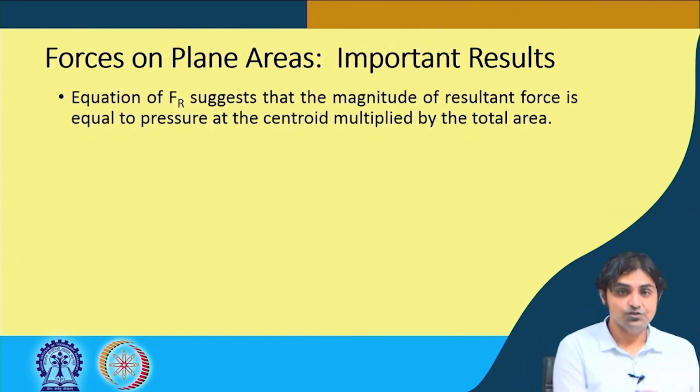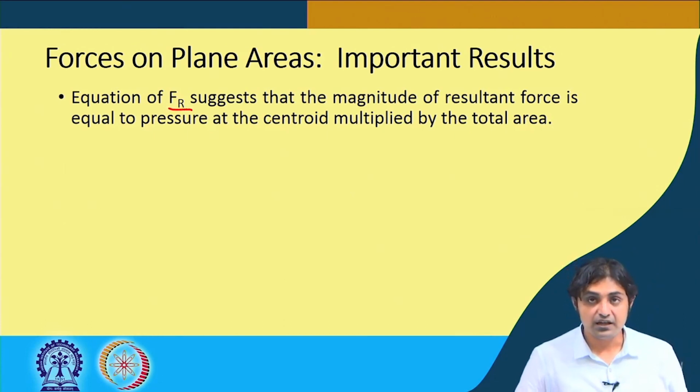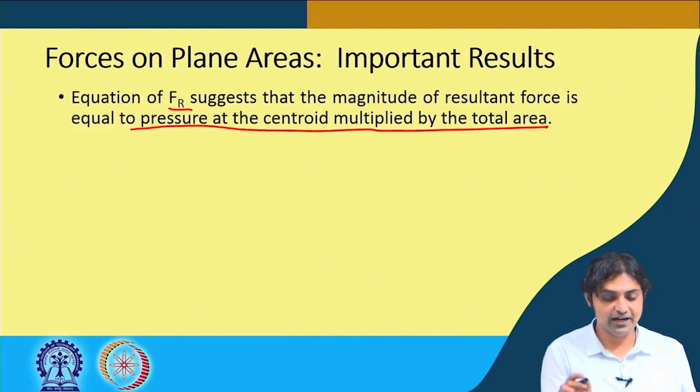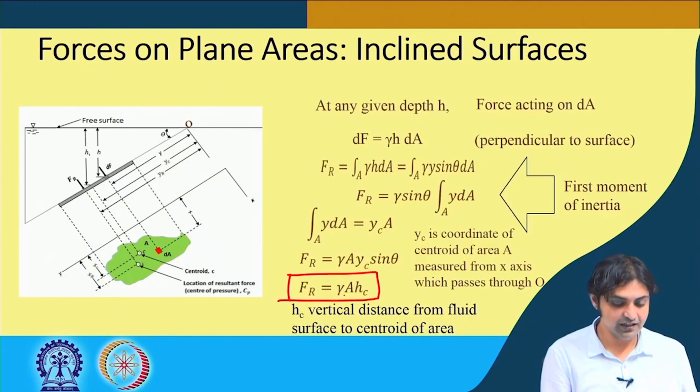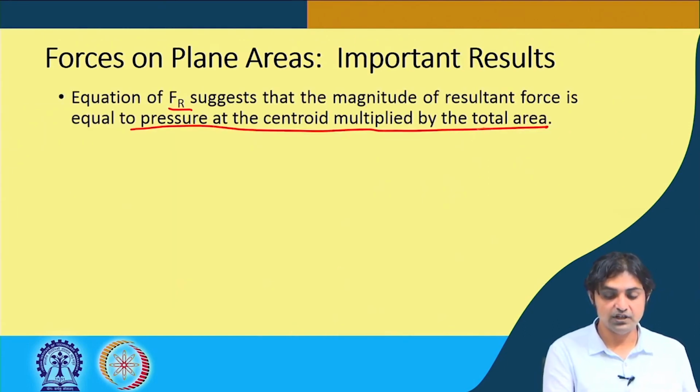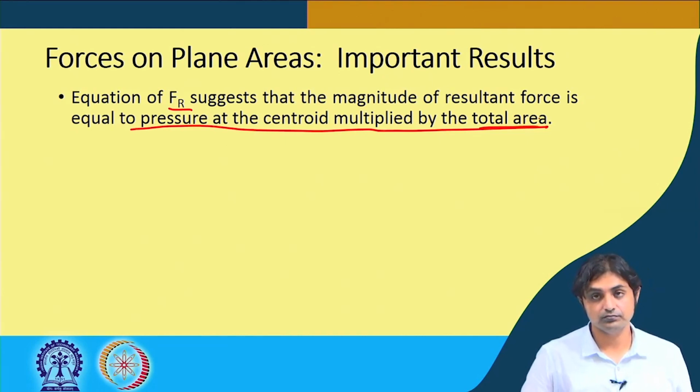This equation for FR suggests that the magnitude of the resultant force is equal to the pressure at the centroid, gamma hc, multiplied by the total area, as you have seen here.